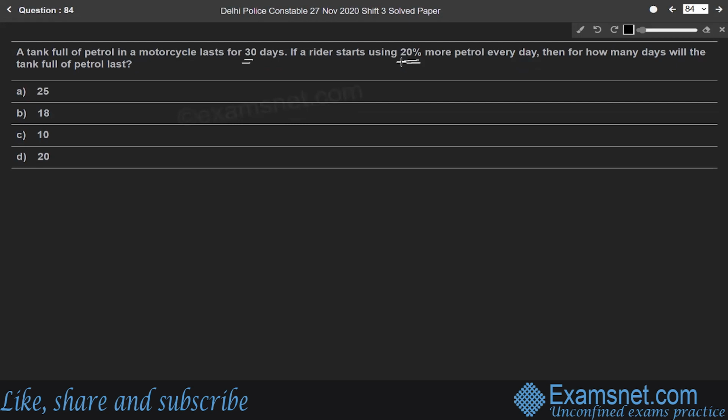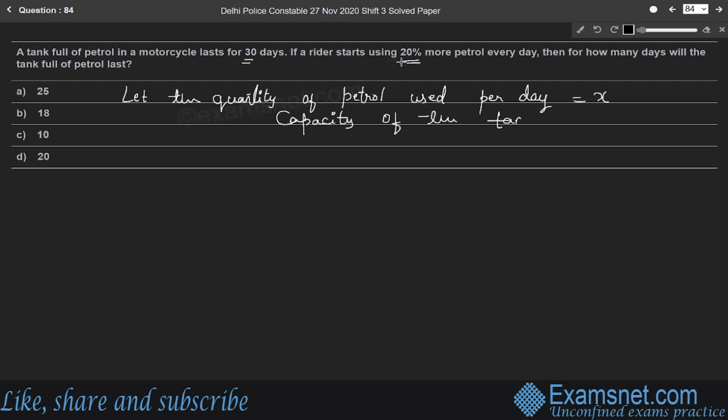Here, let the quantity of petrol used per day be X. So then the capacity of the tank becomes, what is the capacity of the tank? Which is quantity of petrol used per day into number of days, right? Therefore, it is 30x.